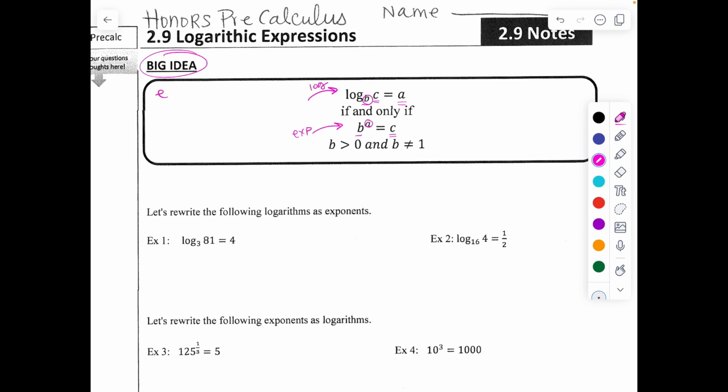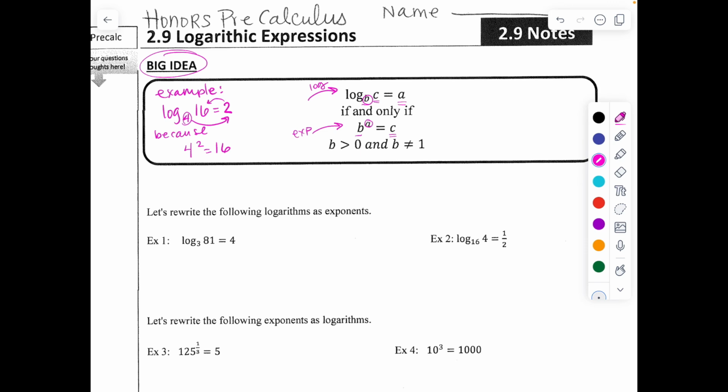So for example, if you had log base 4 of 16 that equals 2, this is true because 4 to the 2 equals 16. Okay, and we know that's true. 4 squared is 4 times 4, which is 16.